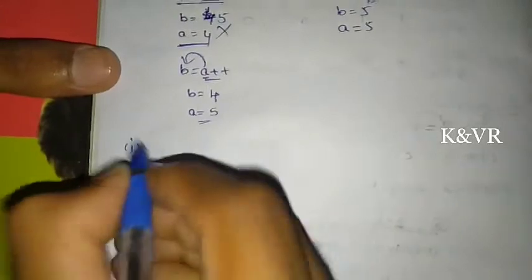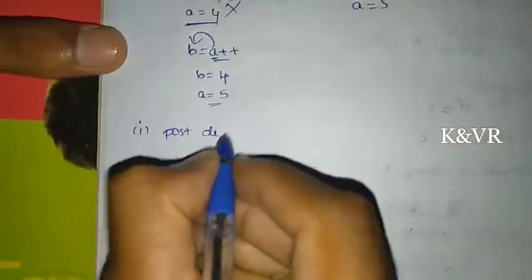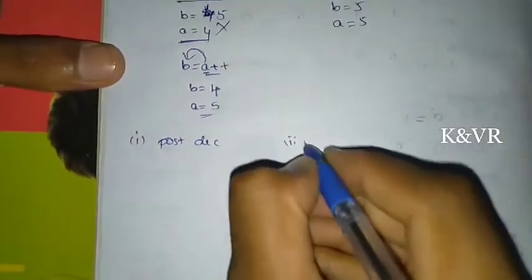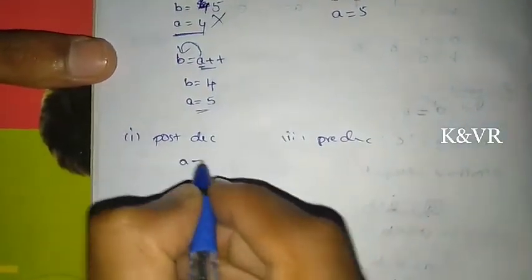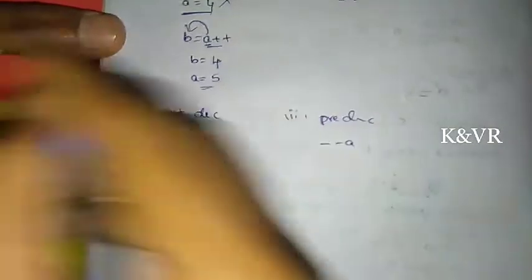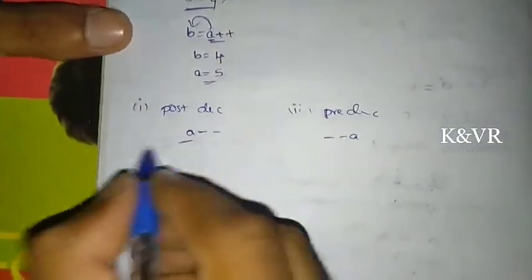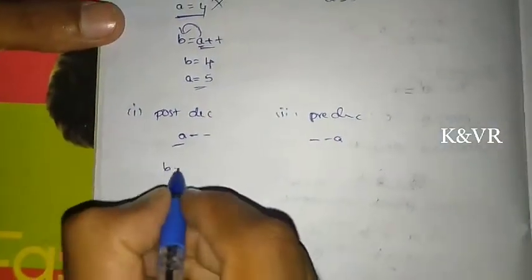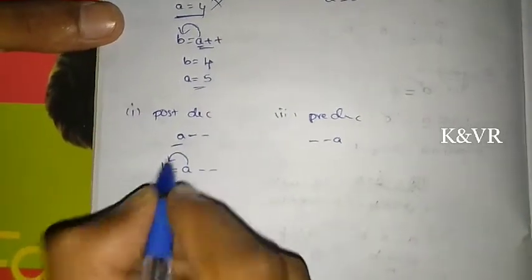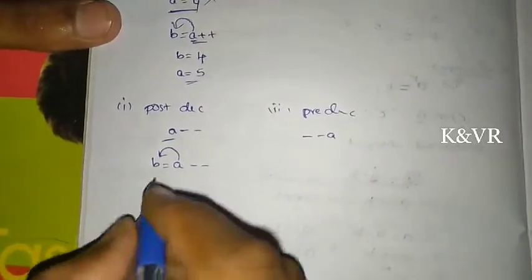The next one is post decrement and pre-decrement. This is the same, a minus minus and minus minus a. What happens here? First the value of a will be assigned to b and later the decrement occurs.